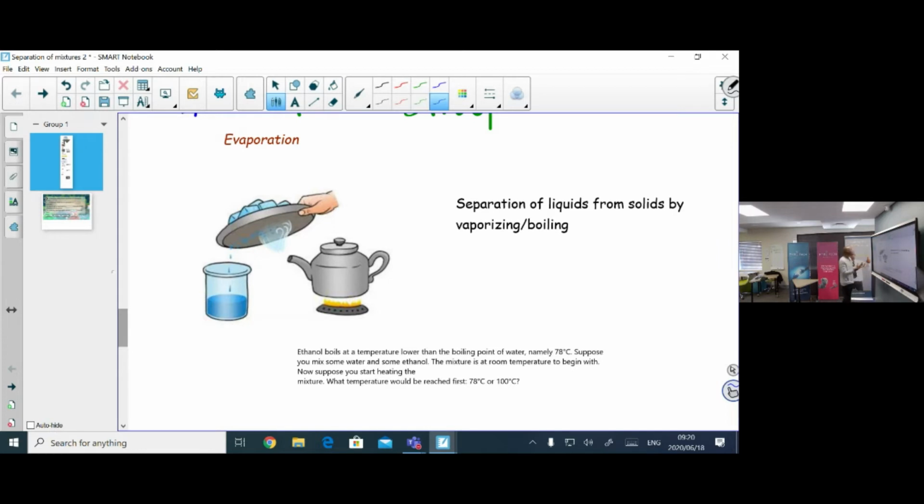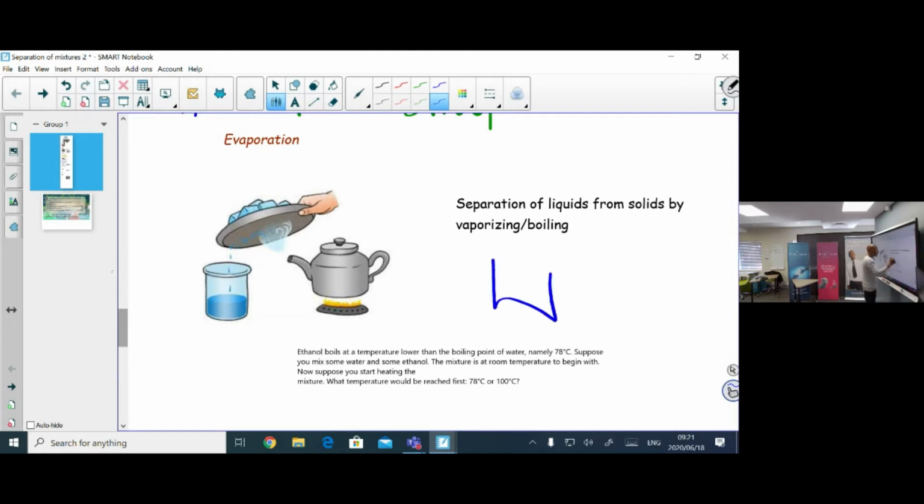We also got to look at evaporation, where we are going to boil or heat up our mixture such that the liquids can vaporize, and once the liquids have vaporized, they will be removed from our mixture and our mixture can remain.